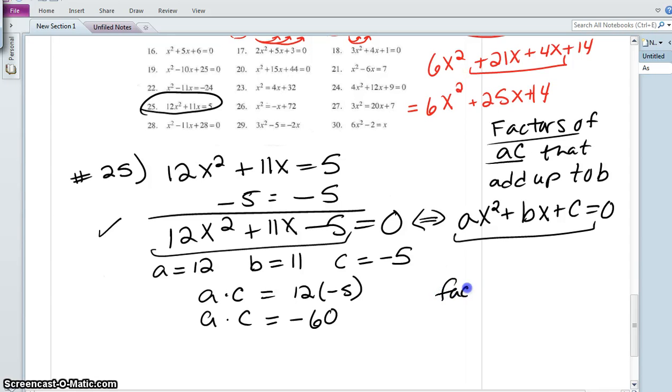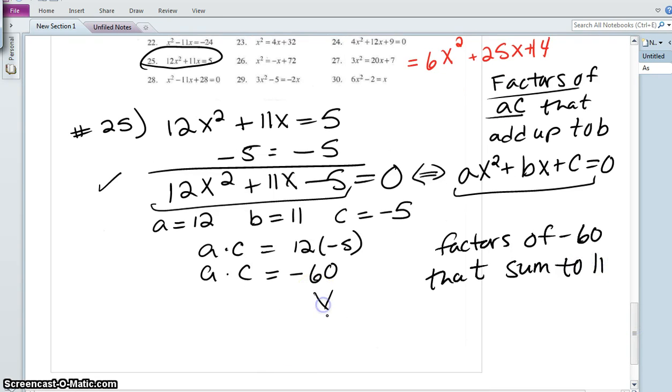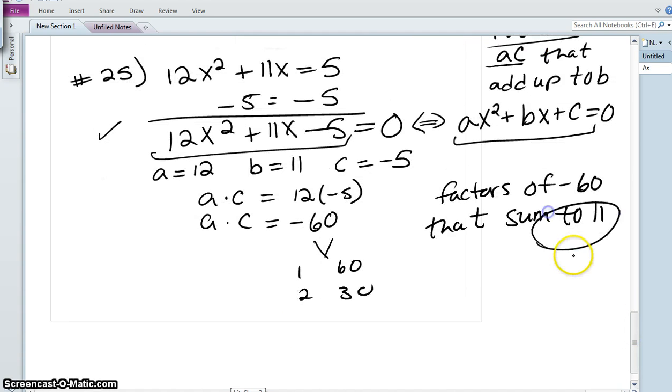So I'm looking for factors of -60 that sum to 11. So I'm just going to start listing the factors of 60. 1 and 60, 2 and 30, until I get one that has a difference of 11. And I'm looking for a difference because one of them has to be negative in order to have a result of -60. 3 and 20, 4 and 15.